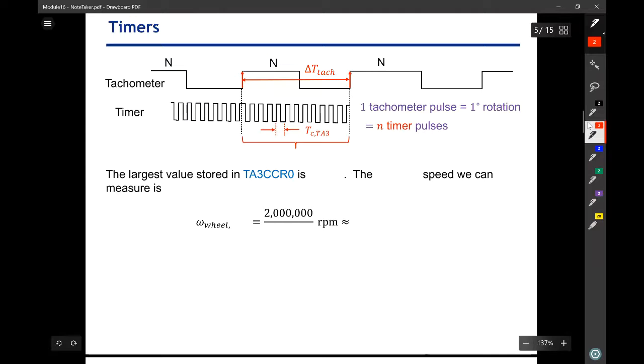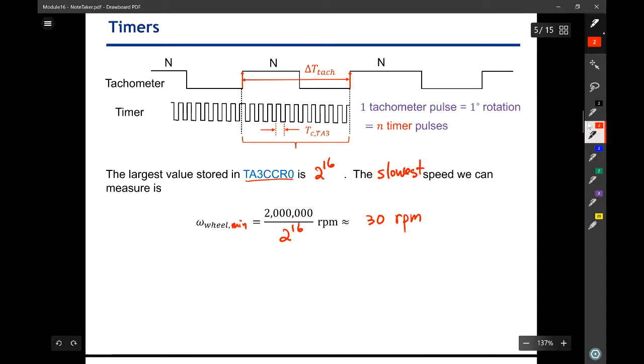Okay, so the largest value stored in TA3CCR0 is 2 to the 16 because this register is a 16-bit register, right? So the slowest speed we can measure, the minimum speed that you can measure, is a 2 to the 16th, that is about 30 RPM.